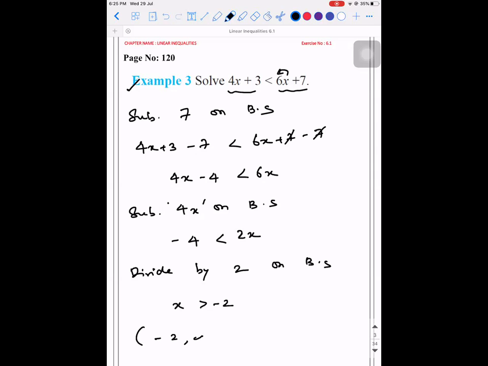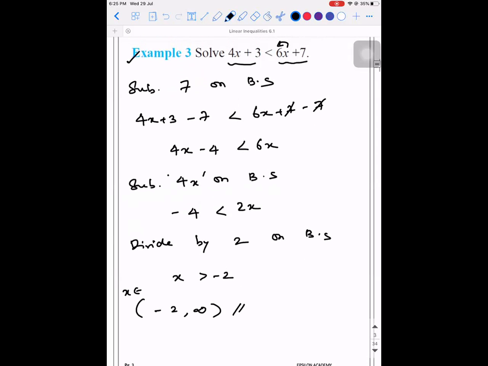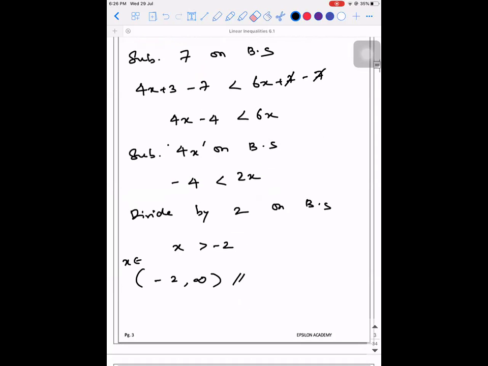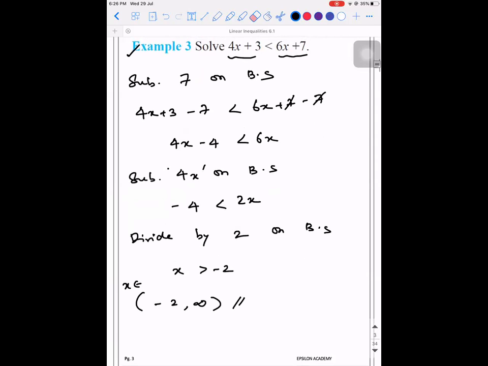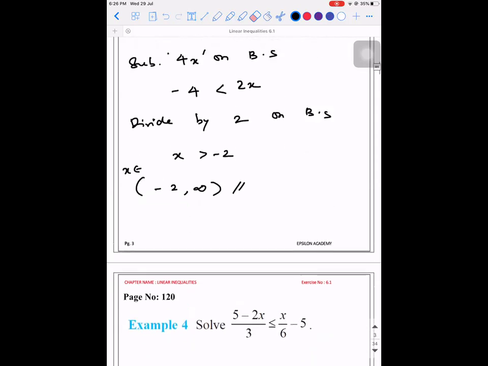So the answer is minus 2 to infinity. So x belongs to minus 2 to infinity. Got it? I'm going to the next one.